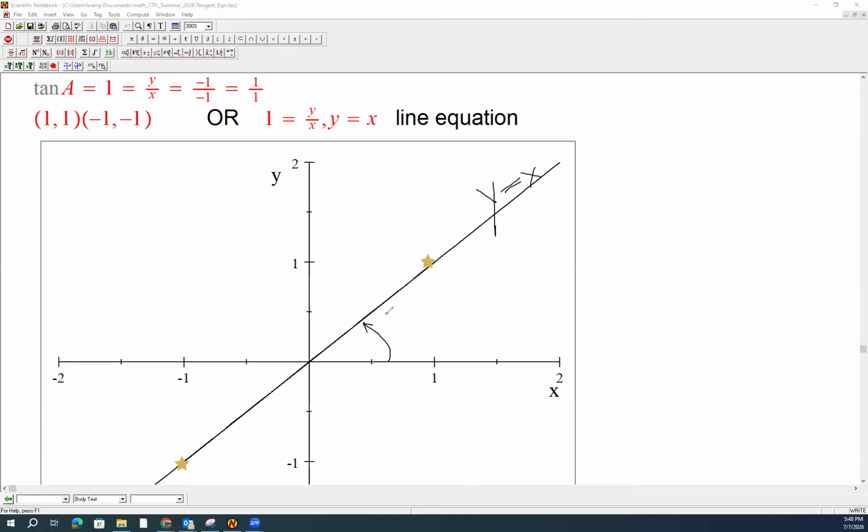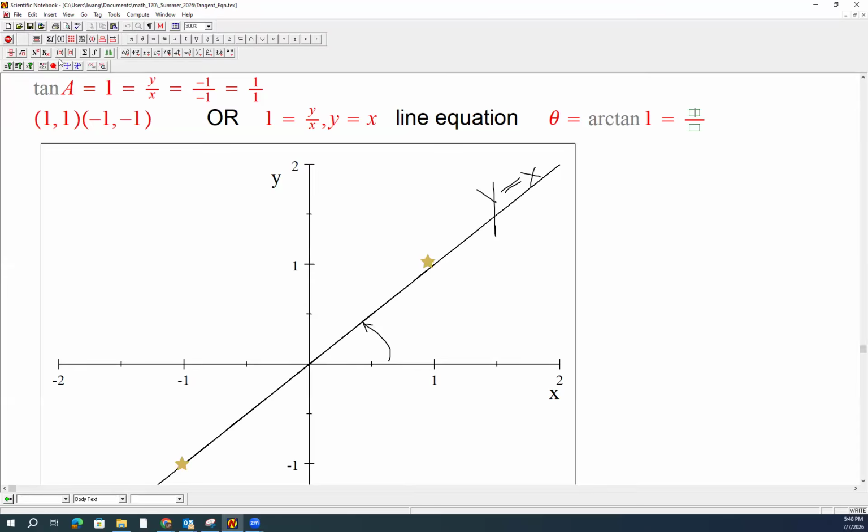That's wonderful. So instead of writing theta equals arctan of 1, which equals pi over 4, you can just use pi over 4 directly.